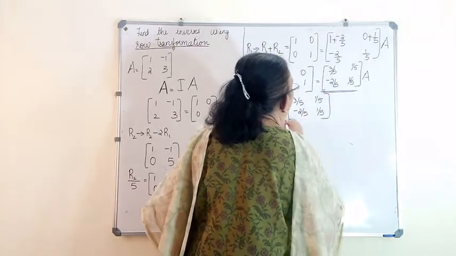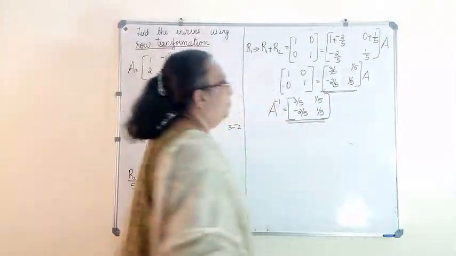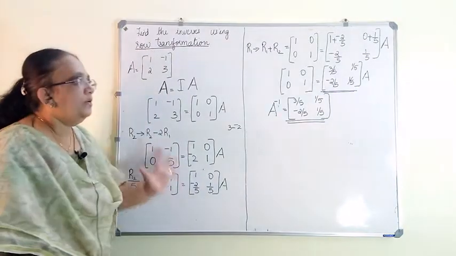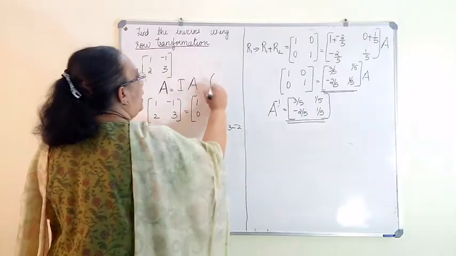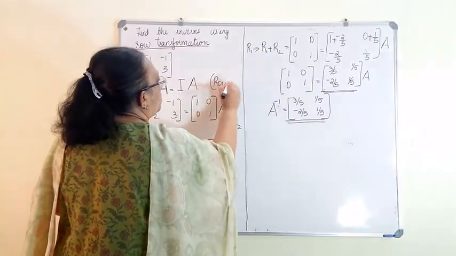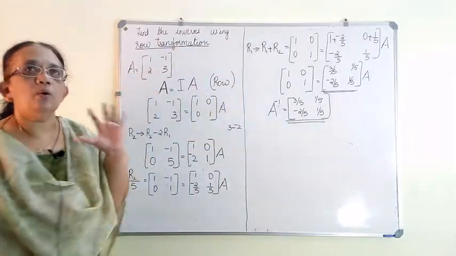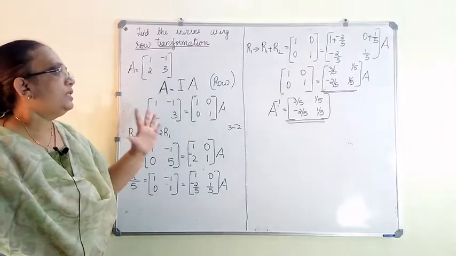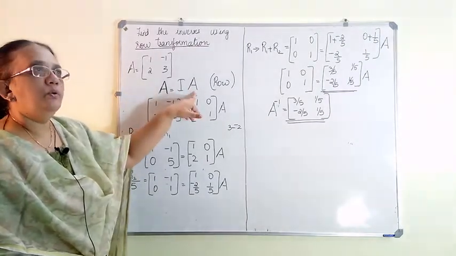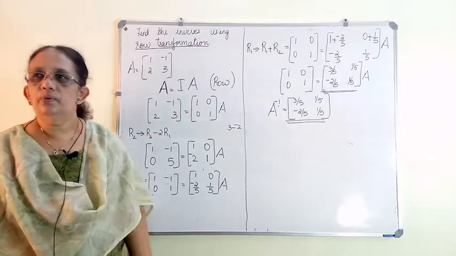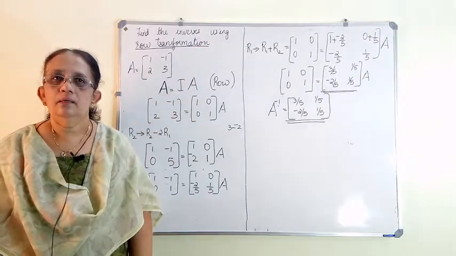That will be the inverse of this matrix A. So this inverse I have found out by using what transformation? I have used row transformation. So when you say row transformation, at once it should come to your mind: A is equal to I into A. Do you need one more question?